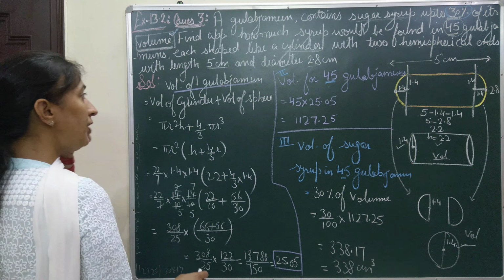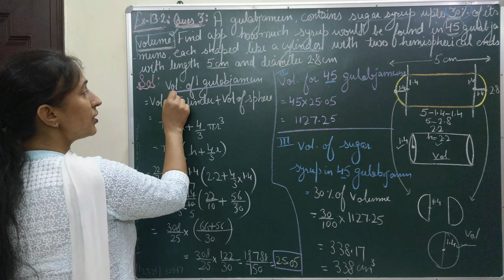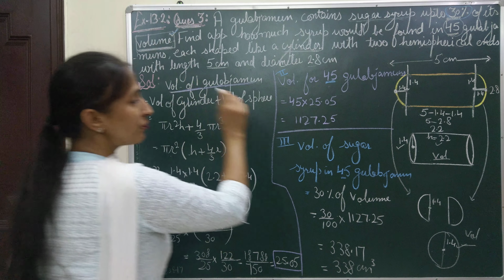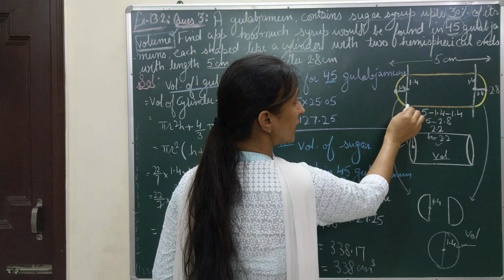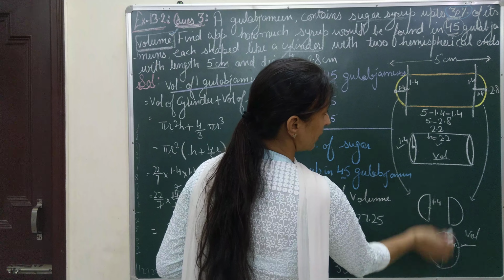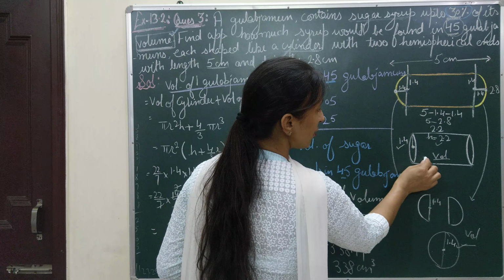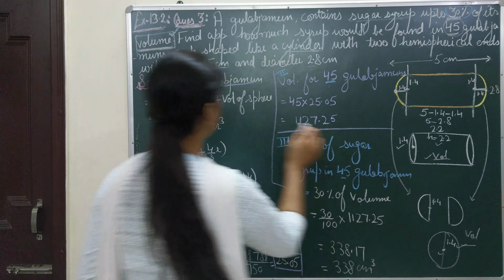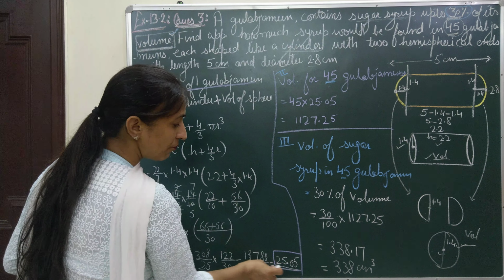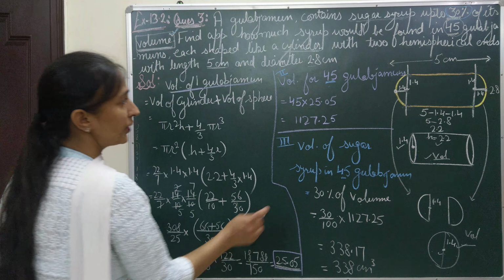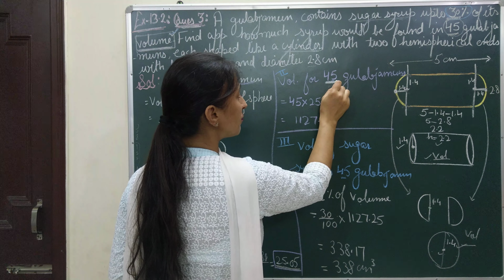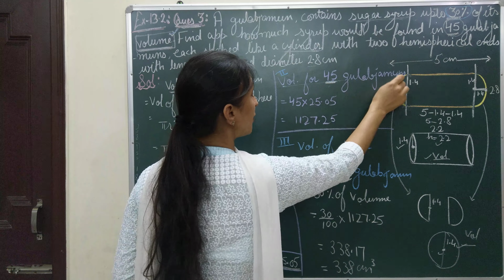Now what you have got here is that in this question you are going to find the volume for a gulab jamun. For one gulab jamun, you have divided your figure into two parts. One is cylindrical and another is spherical. Then you find the volume for the first figure and the second figure. Then we add both the volumes and we get the volume for one gulab jamun, and after that we multiply that with 45 to get the volume of 45 gulab jamuns.